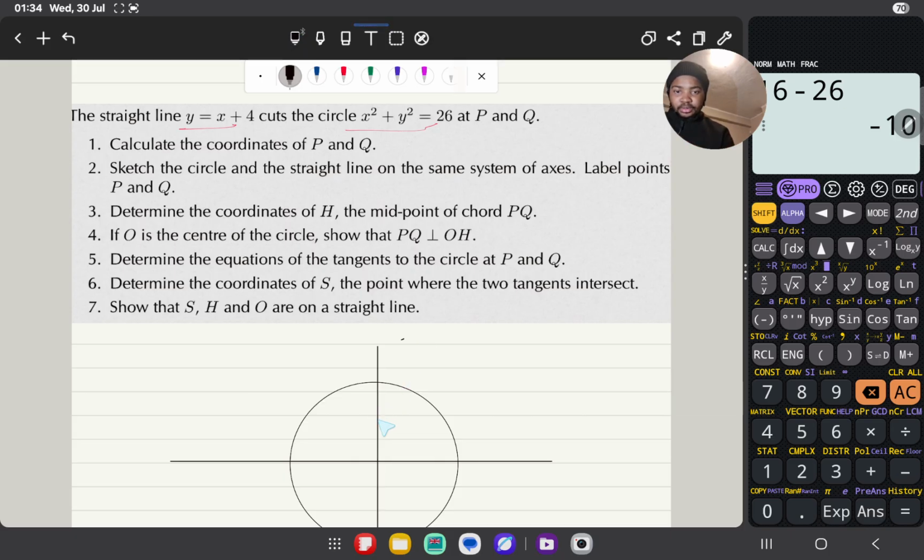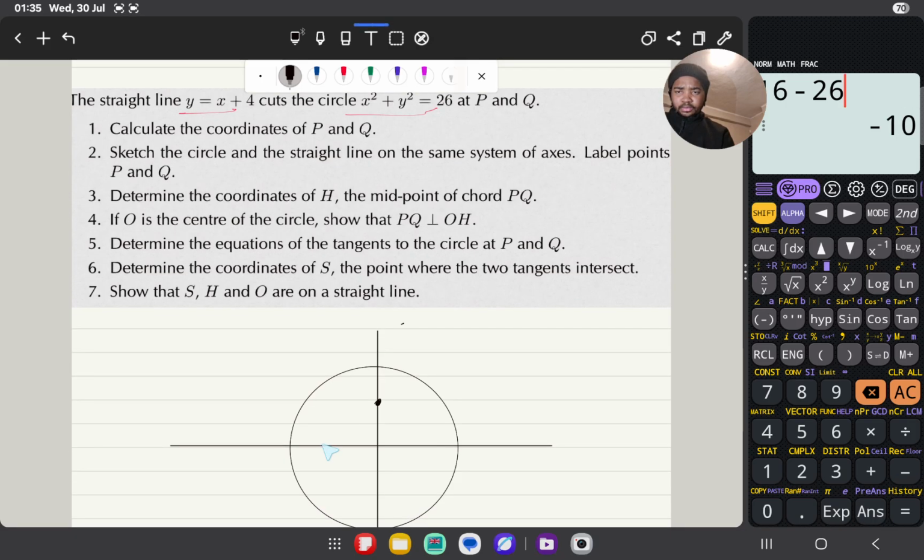Oh, I see what's happening. We're going to have a 4 here and minus 4. So we have a straight line here, y equals x plus 4. Then there's the circle, x squared plus y squared equals 26.